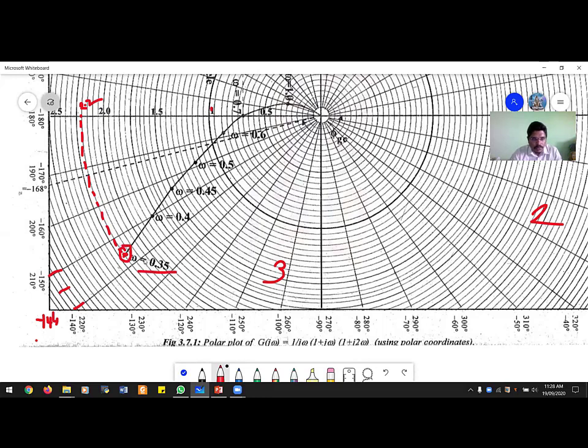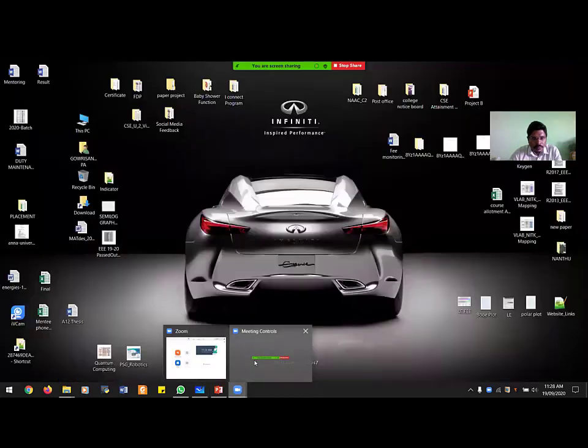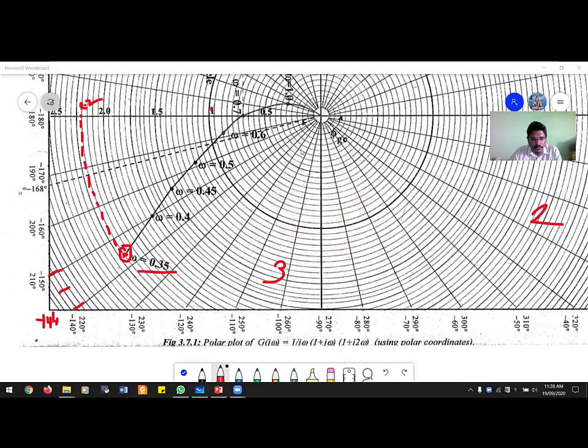Okay, so this is the procedure. In this manner you have to write.